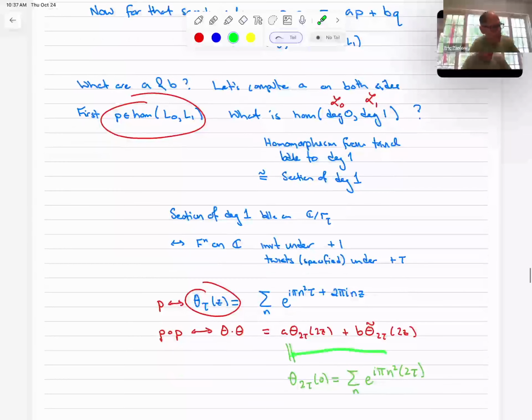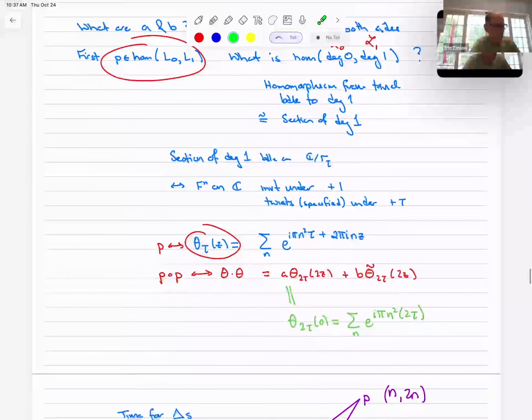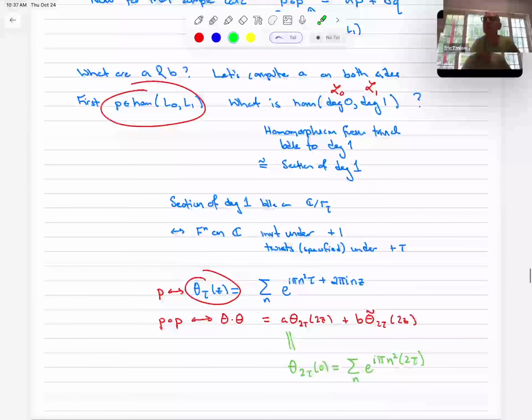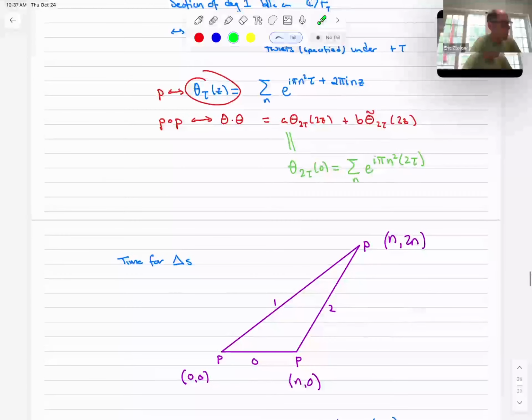We have a prediction that it should equal this quantum. So let's see if that's true. Does that make sense? Yeah. Okay, great, thanks.